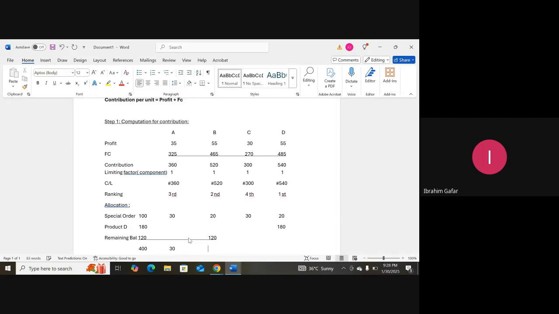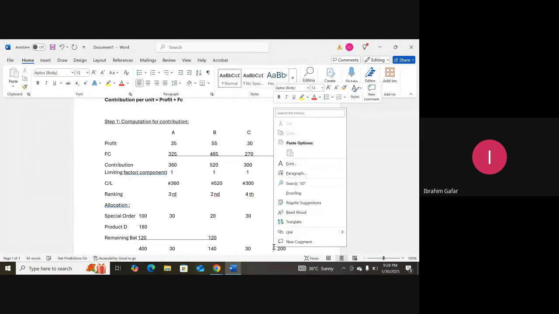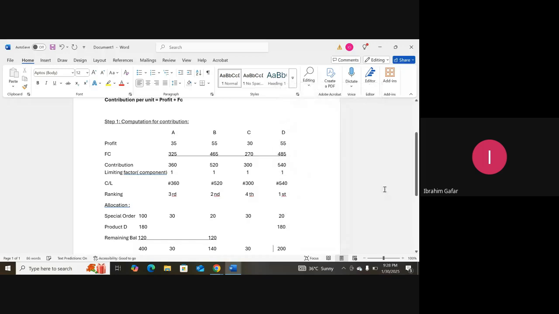This one becomes 140. This one becomes 30. And this one becomes what? 200. Is it clear? Yes, sir. Can I move on? Any question?